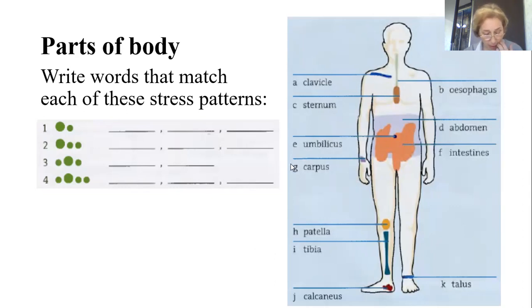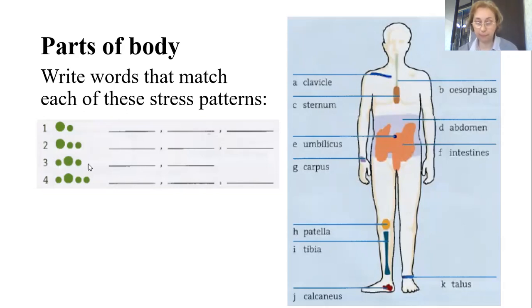Carpus. Okay, this is talus. What else? Corpus, you say, sorry, carpus. What else? Tibia. Talus. Carpus, talus, and tibia. No. Sternum. Carpus, talus, and sternum.